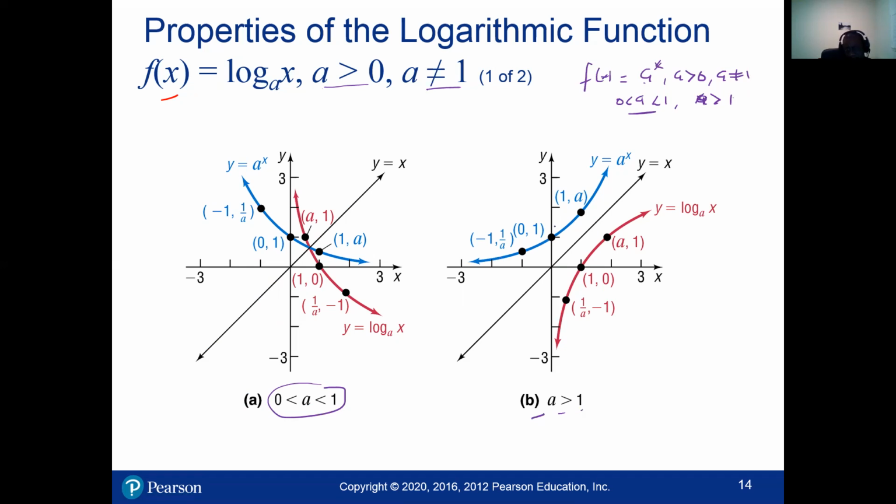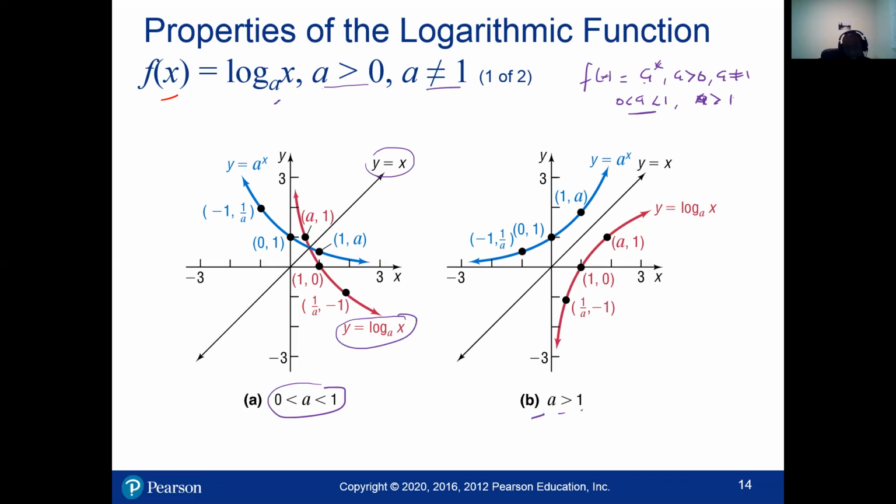Okay, so to get the log function, which will be in this case log x to the base a, you just have to reflect the graph of the exponential function in the line y is equal to x. So interchange the x and y coordinates. That gives me the red graph, which is the log function.